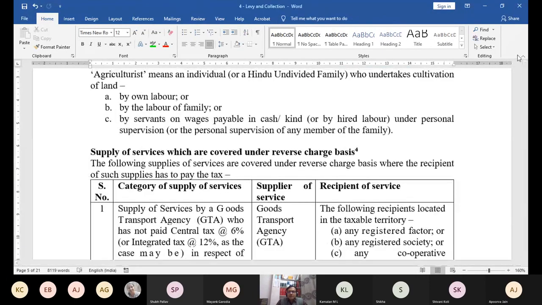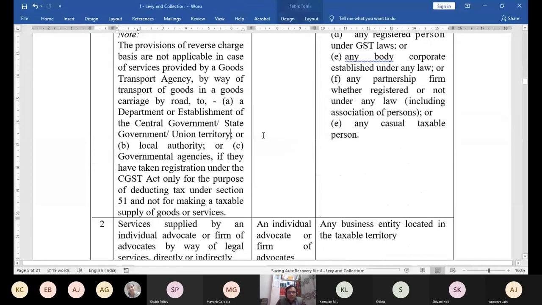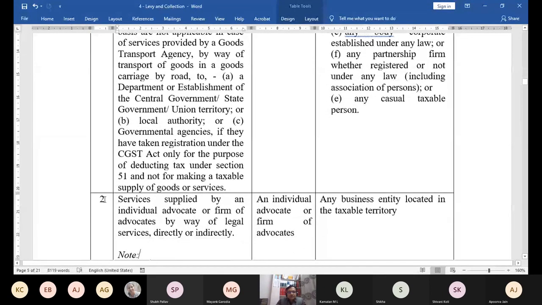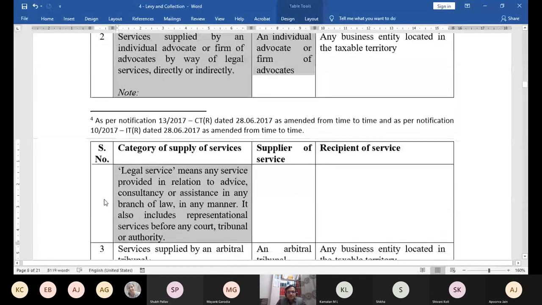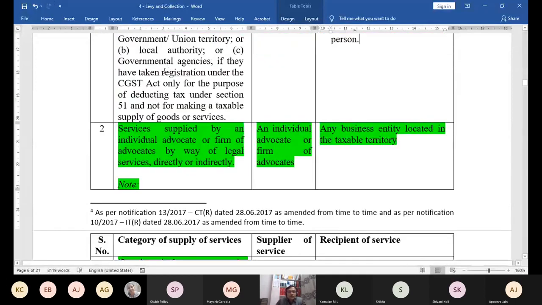Let me again share with you the Word file, and let me tell you by names which supplies you should learn. Now there are 20 such supplies, but let me tell you only the relevant ones which you should learn. Advocates. Services supplied by an individual advocate or firm of advocates. So many renowned advocates are working without any firm.